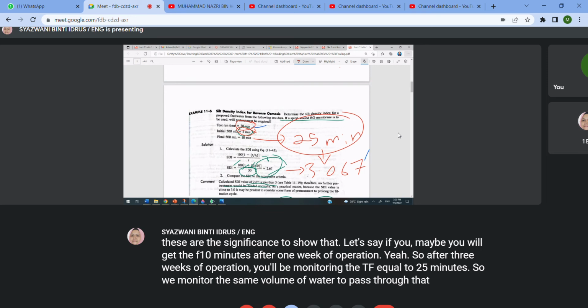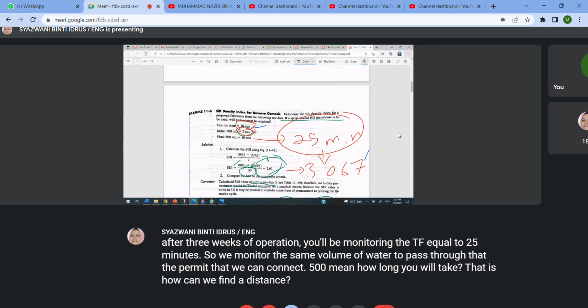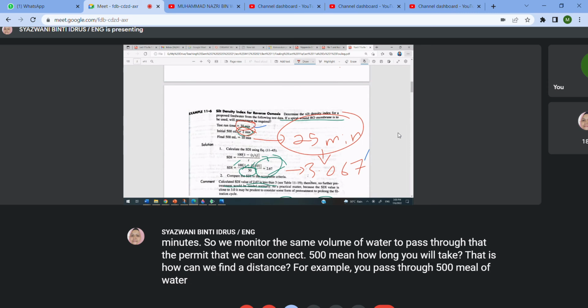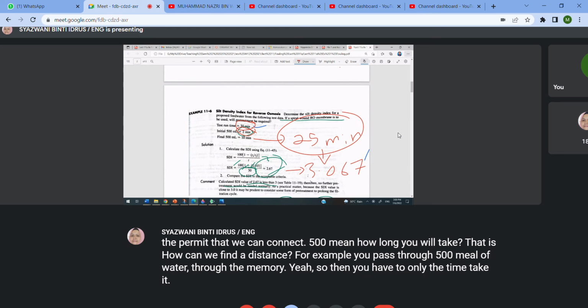The permeate that we can collect of 500 mL, how long will it take? That is how we can define it. For example, you pass through 500 mL of water through the membrane, so you have to monitor the time taken before we can collect the 500 mL of the permeate.